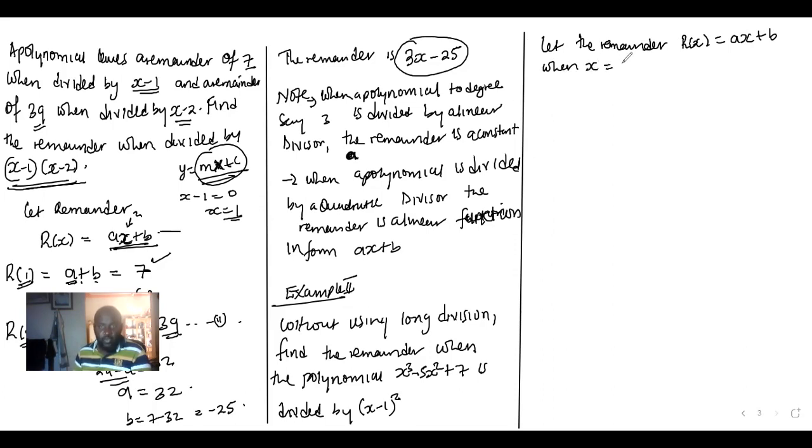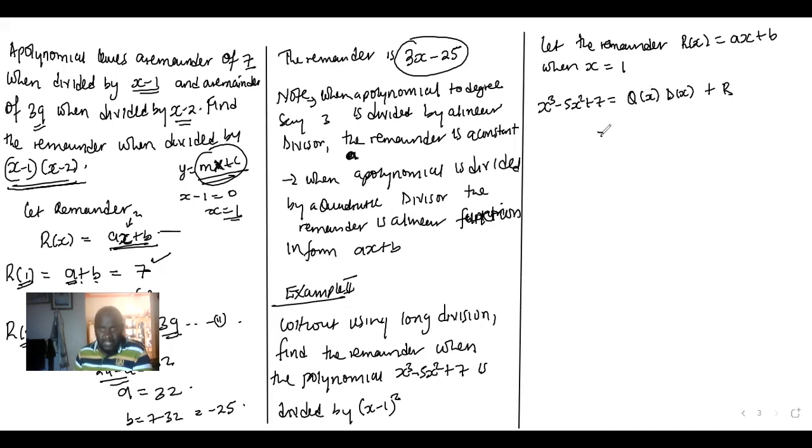Now, when x is equal to 1, we shall have, they said we find the remainder. If you go back to the knowledge of the remainder theorem, this whole function is equal to the quotient in terms of x times the divisor plus the remainder.